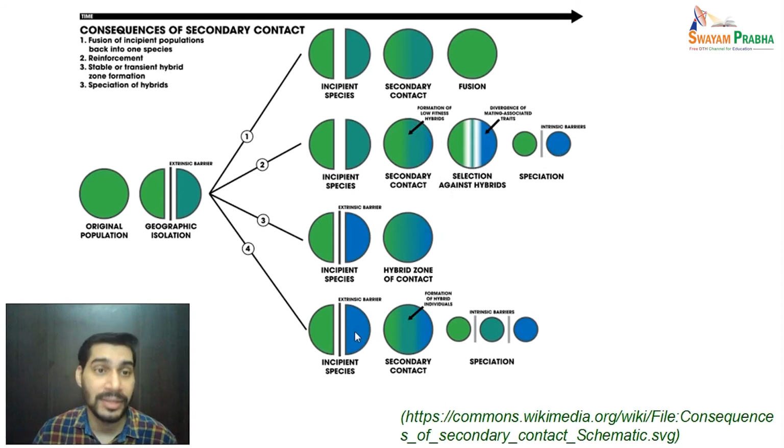And the fourth possibility is a speciation of hybrids as well. So there is a formation of hybrid individuals and a splitting into three different populations or species which have intrinsic barriers among themselves. So these are the possibilities if there is a secondary contact between two geographically isolated populations.